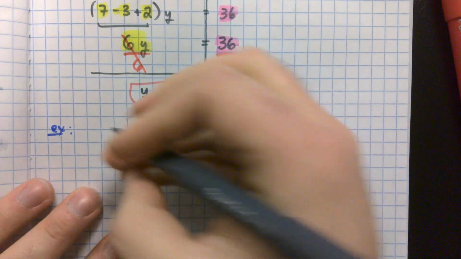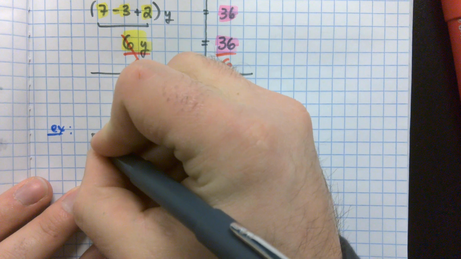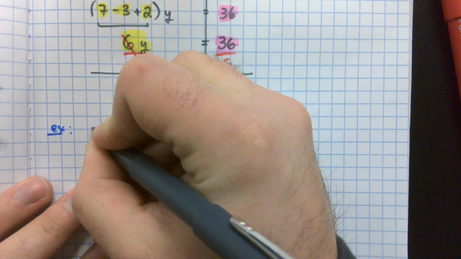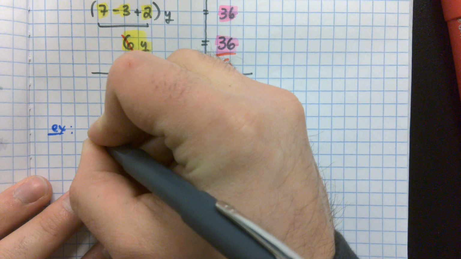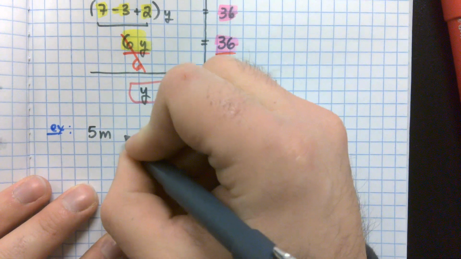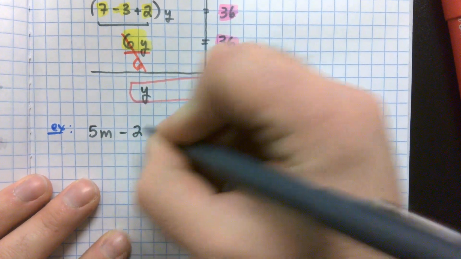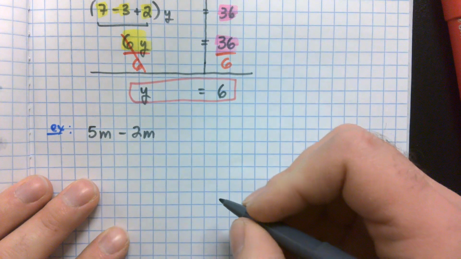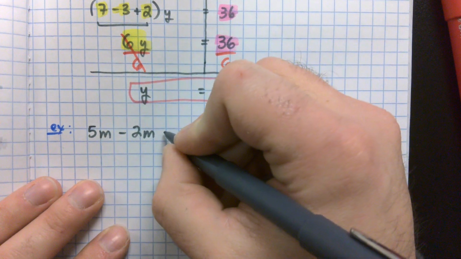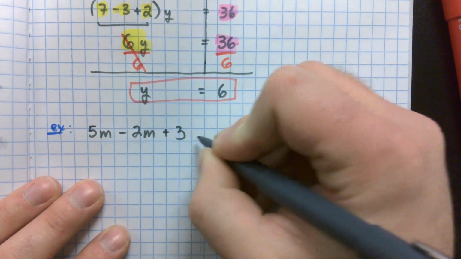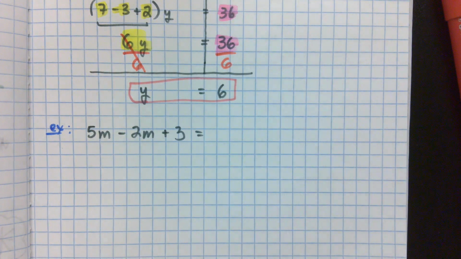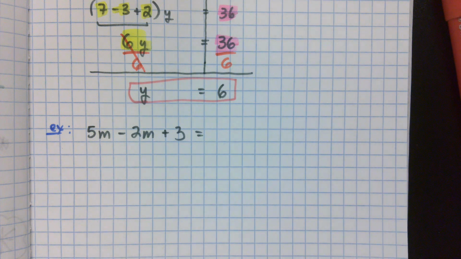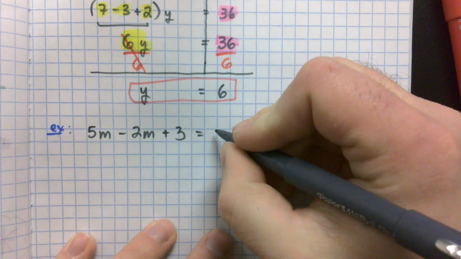Let's say we've got (5m minus 2m plus 3) equals 24.